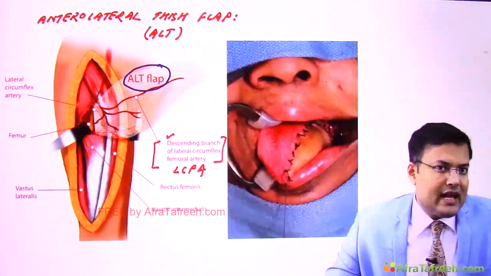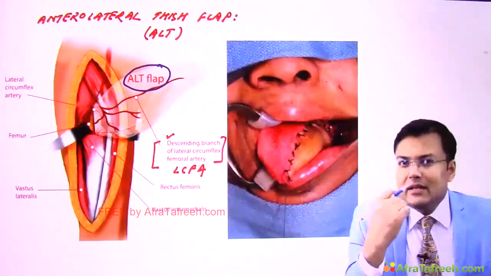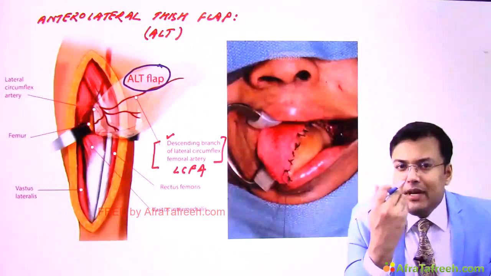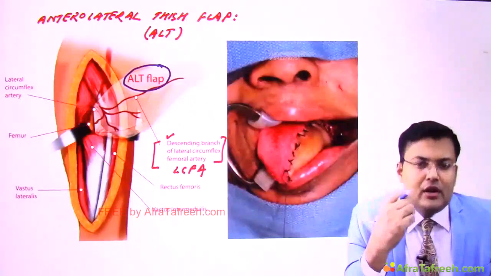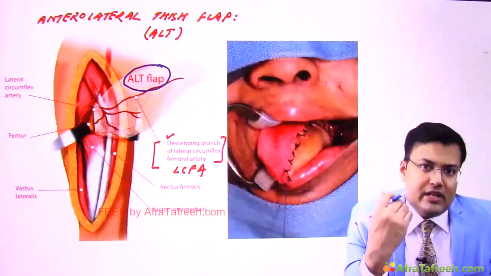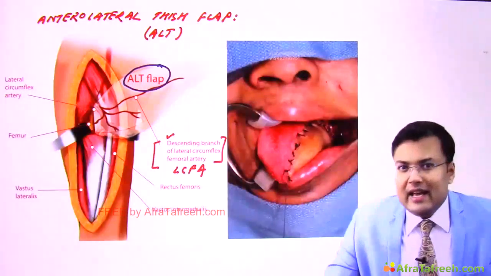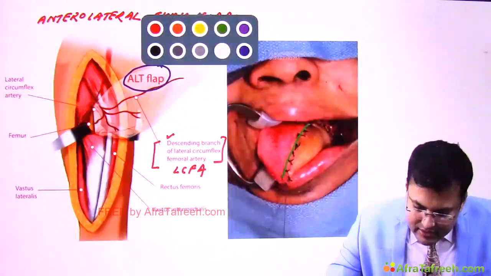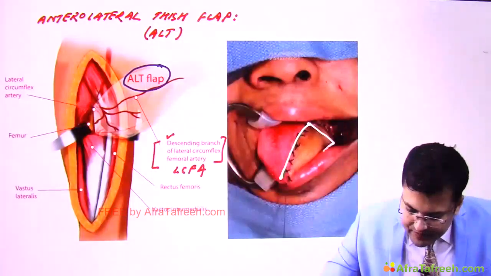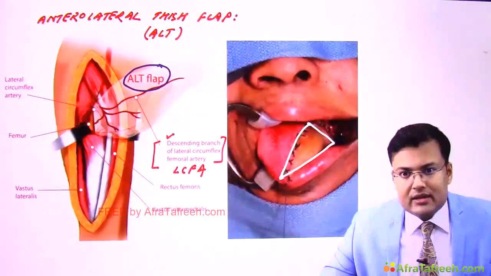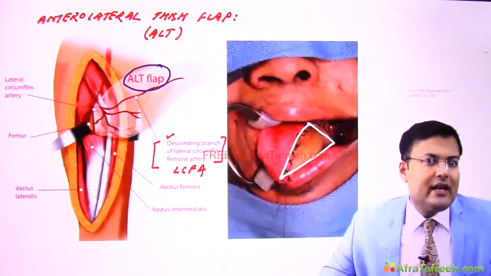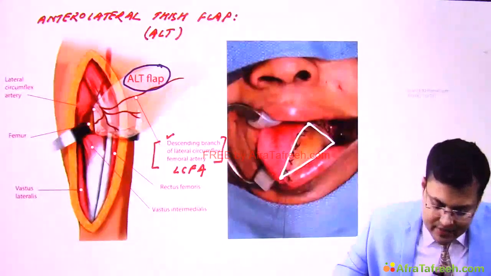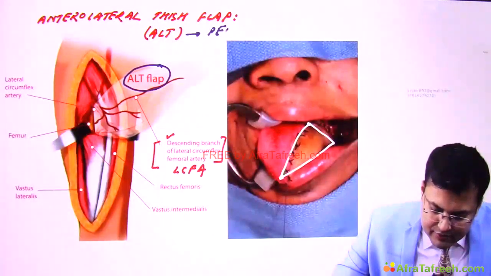Now what is the use of this anterolateral thigh flap? In certain patients who develop carcinoma tongue, sometimes we go for hemiglossectomy or total glossectomy. After glossectomy we have to go for reconstruction of the tongue. Here you can see this ALT flap is used for tongue reconstruction in this patient after hemiglossectomy. Clear?